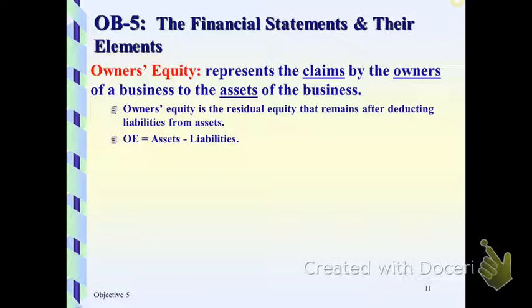Owner's equity is the residual equity that remains after deducting liabilities from assets. So we can change that accounting equation around to have owner's equity equal assets minus liabilities. It's whatever is left over of our economic resources or our assets after we pay off all the debts.